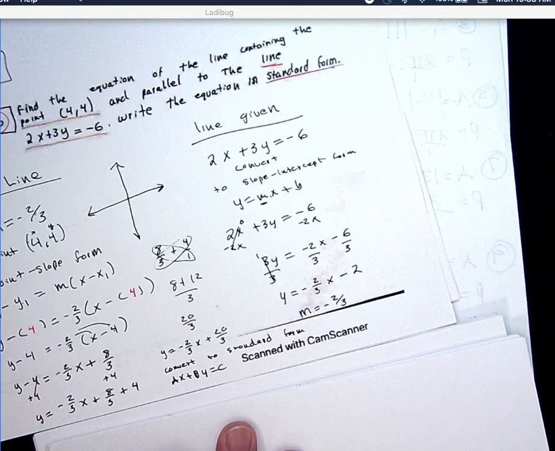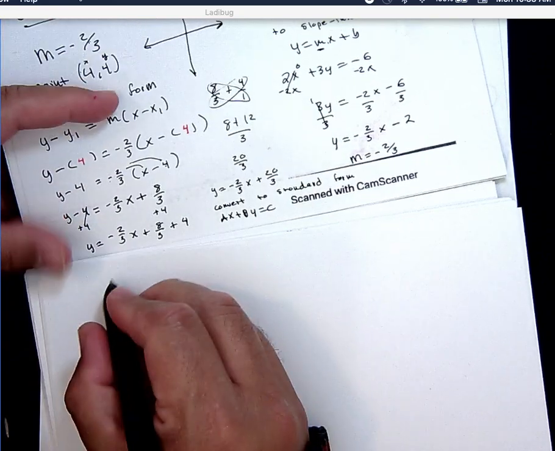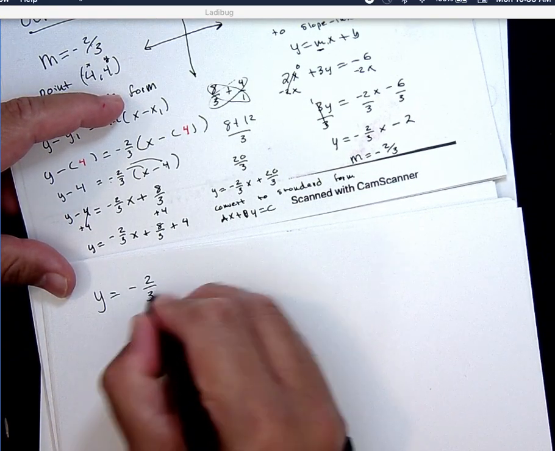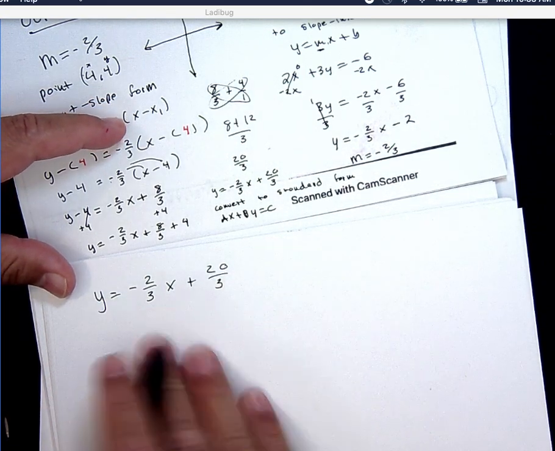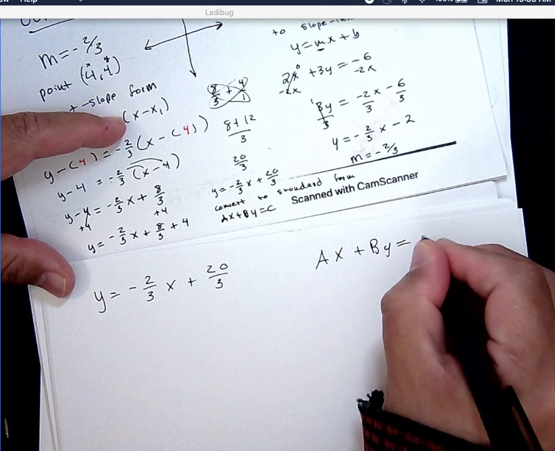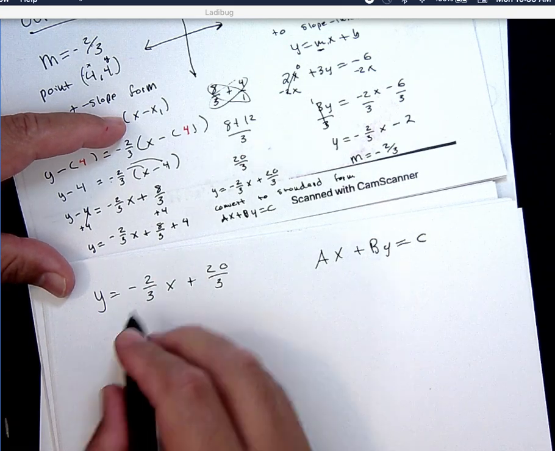So let me put it here. This is where it continues. So you have y equals negative 2/3 x plus 20/3, and then we need to convert to this form. Okay, so let's carry it over.